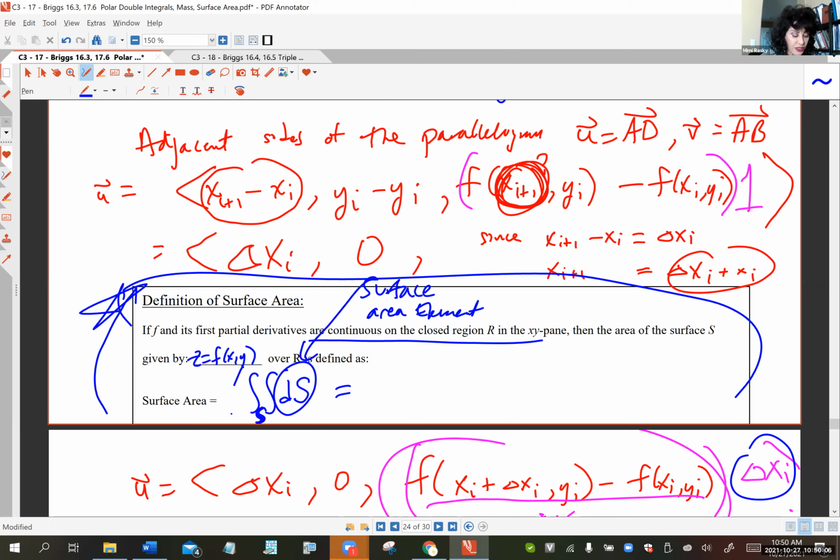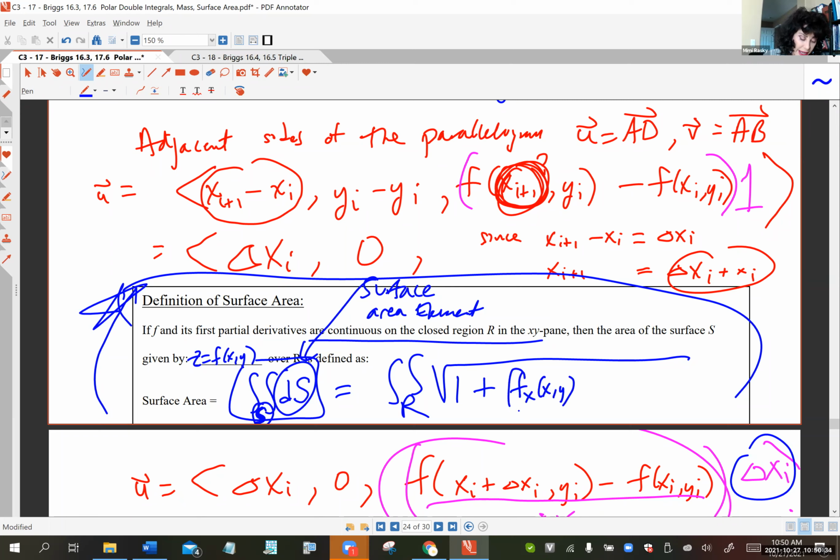So this surface area double integral, you can't evaluate it. You have to rewrite it as a regular double integral. Well, how do I do that? The way you do it is the S down here turns into an R, and usually your R is the region in the XY plane. And then the surface area element is this humongous, ginormous radical, square root of 1 plus the partial of f with respect to x squared plus the partial of f with respect to y squared.